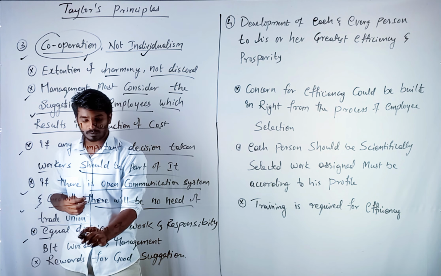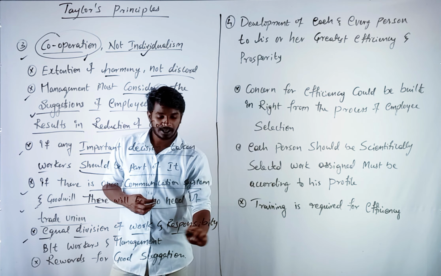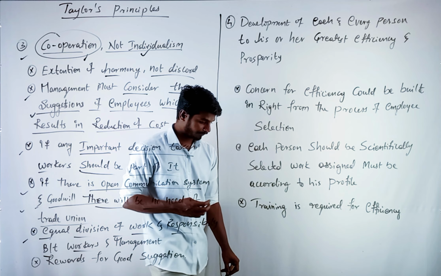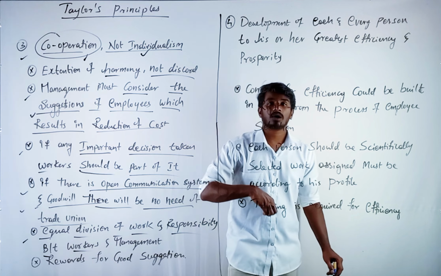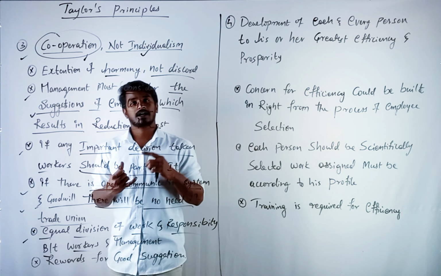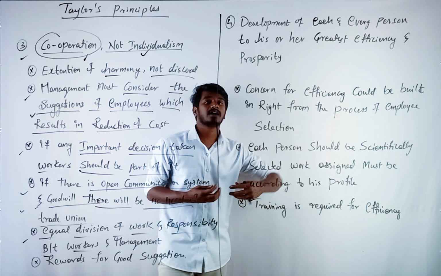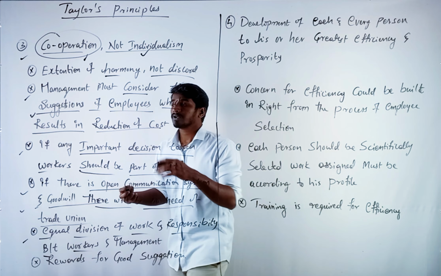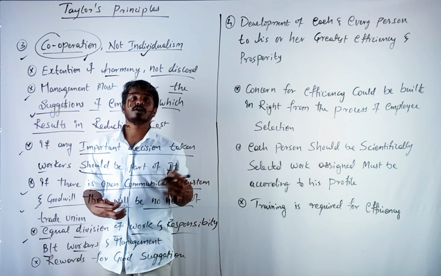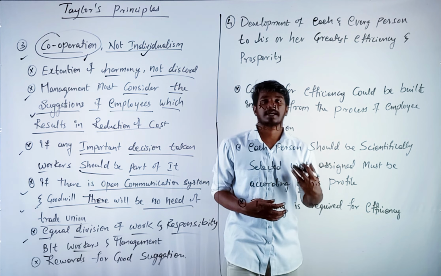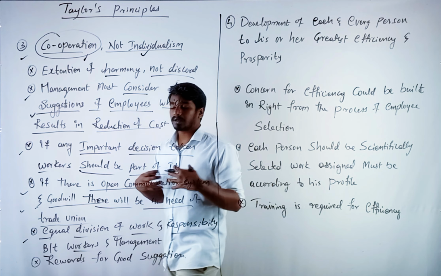Next, equal division of work and responsibility between workers and management. So workers should not feel that we are working much more but our salary or wages are less, and management also should not feel that workers are not working and they are getting higher salaries. That should not happen.